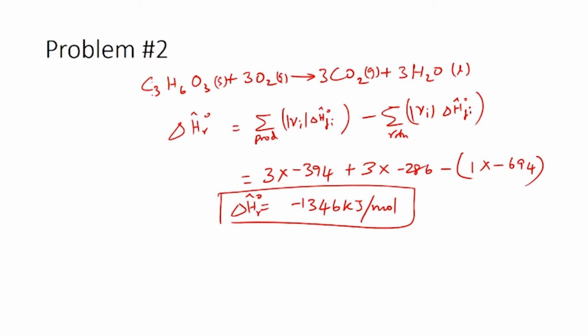In case we have water vapor as the product component, what would be the heat of combustion? Let us try to calculate that as well. Now, if we were to consider a reaction where water vapor is the product, you would have C3H6O3 plus 3O2 forming 3CO2 plus 3H2O, here as vapor.